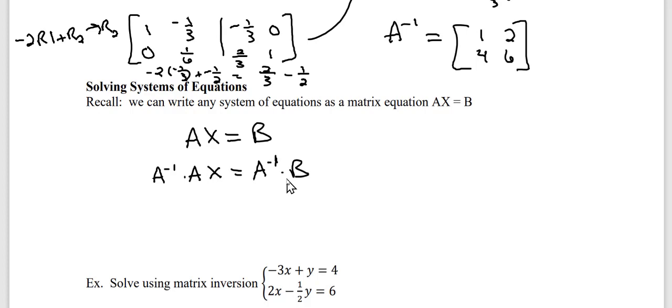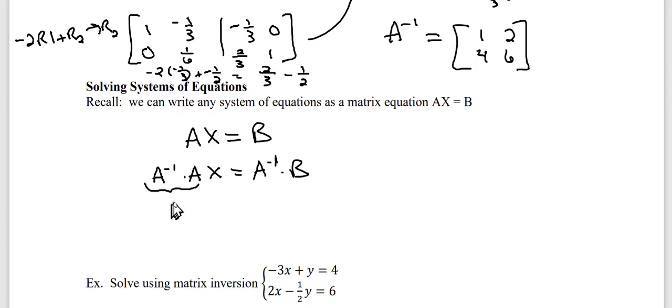Matrix multiplication is not commutative, so where you put it in the equation has to stay the same. A inverse times B is not the same as B times A inverse. If I put it in the front on the left side, I have to put it in the front on the right side.